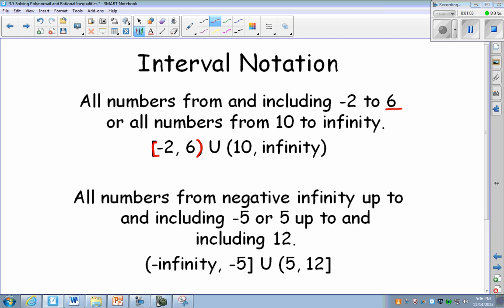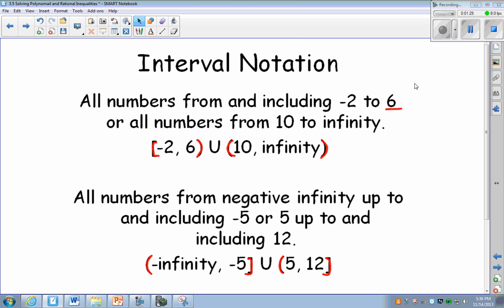And so, or all numbers from 10, so we didn't include 10 there, to infinity, parentheses around infinity. And same goes down to here, numbers from -infinity to 5 and including -5, and 5, not including 5, all the way up to 12, including 12.